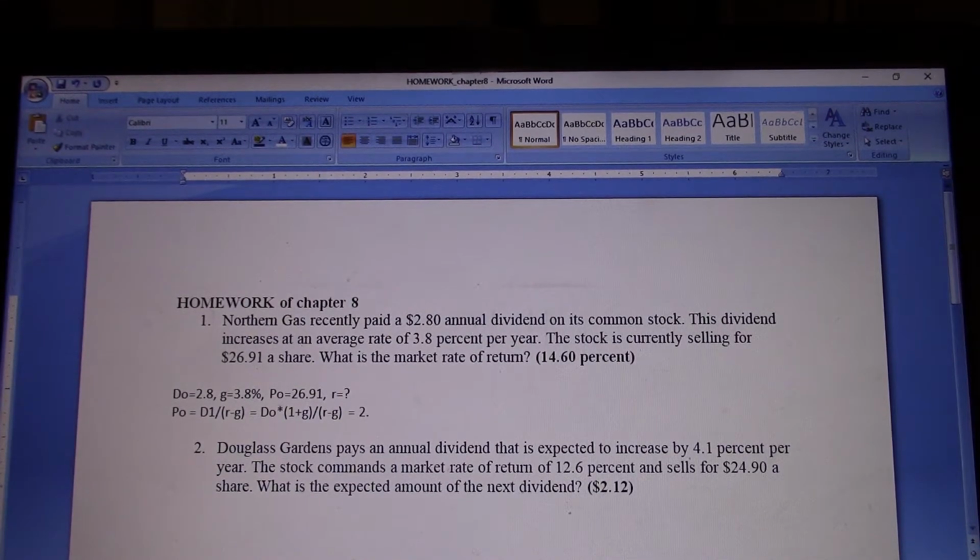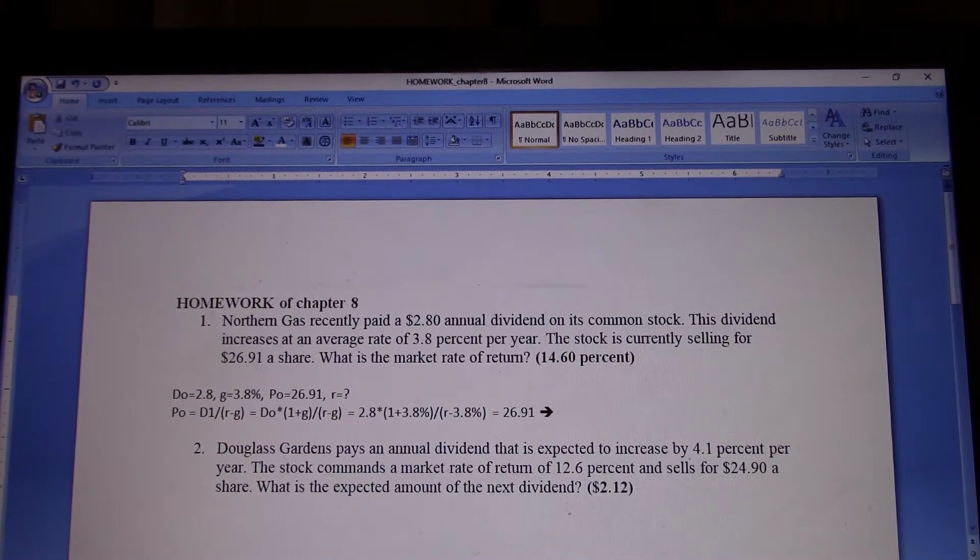It's 2.8 for D0, G is 3.8%, over R minus G. R is not known. Minus G, 3.8%. P0 is known, equal to 26.91. From this equation, the only variable that's not known is R.